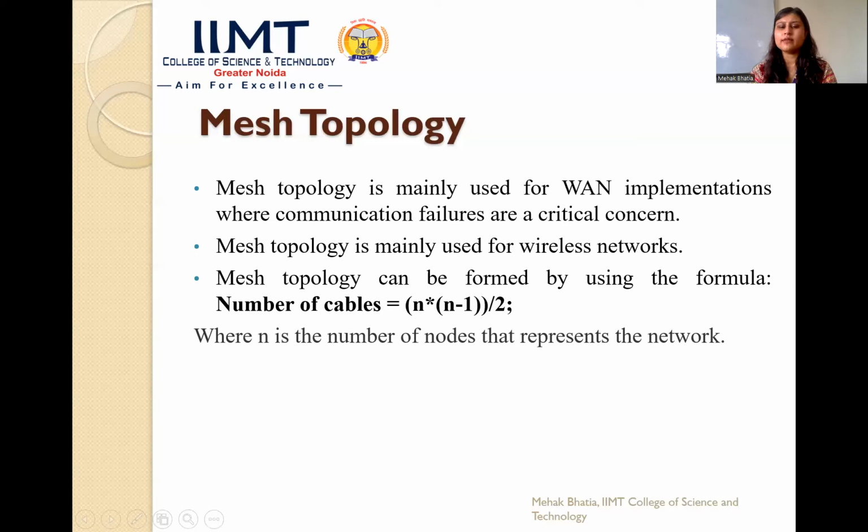Let's suppose the value of n is 5, so there are 5 devices or 5 nodes present in the mesh topology. So how can we calculate the number of cables? With the help of this formula, n into n minus 1 divided by 2, the number of cables would come out to be 5 into 5 minus 1, which is 4, divided by 2, which is 10. So if 5 nodes are present, then 10 cables are required.